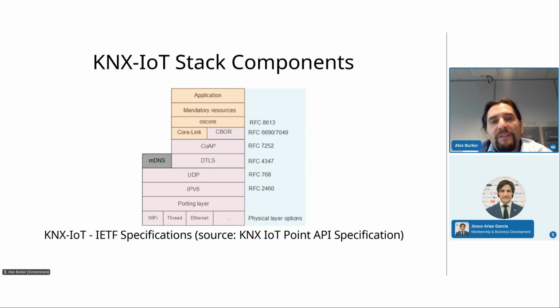The IPv6 layer, as I told you before, is standard and almost always in all microcontroller systems. So that's tackled. So is UDP. The next layer is mDNS and DTLS.